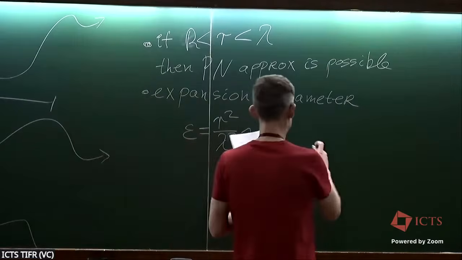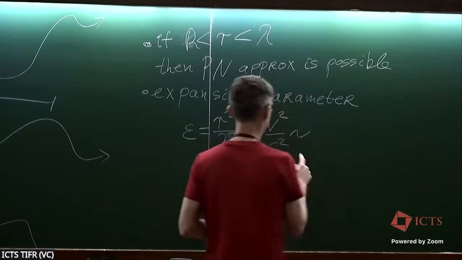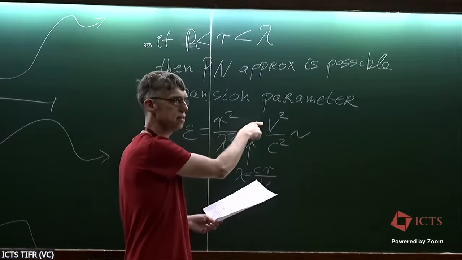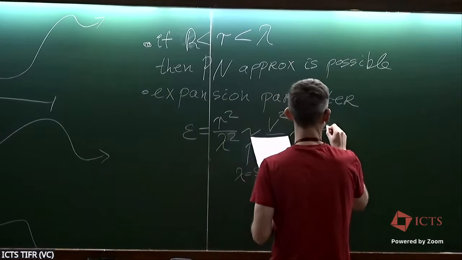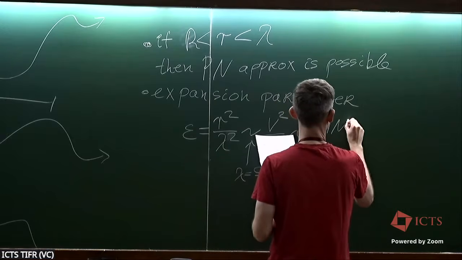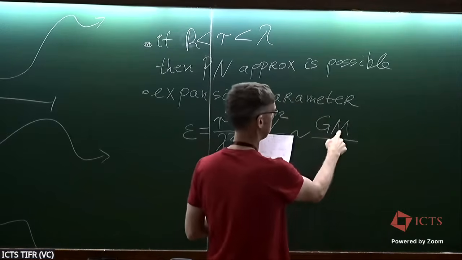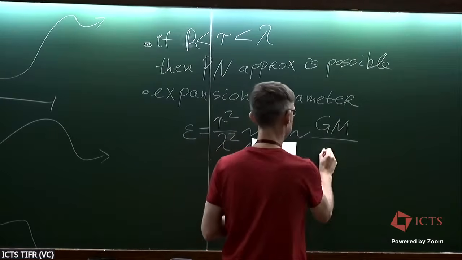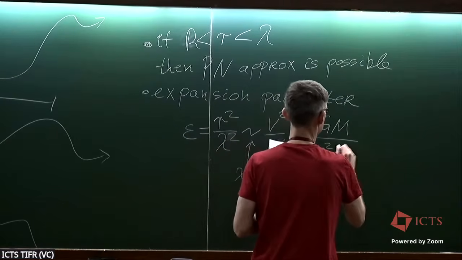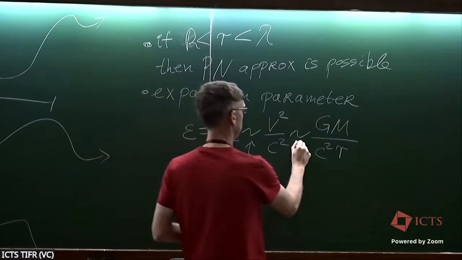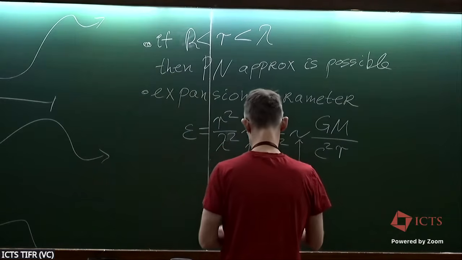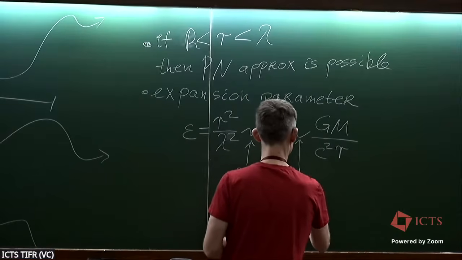And by virtue of Kepler's third law, the velocity is related to the separation in the following way. You have the gravitational constant times the total mass divided by r, which is the velocity squared. So this comes from Kepler's third law.